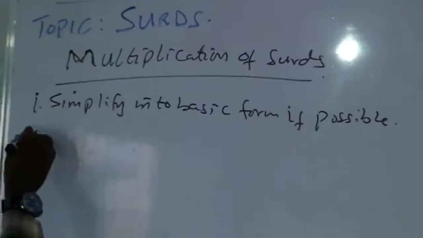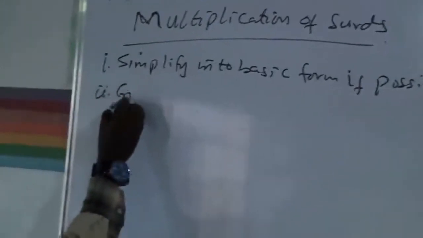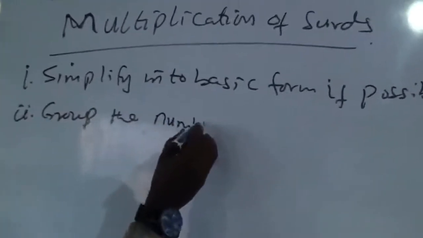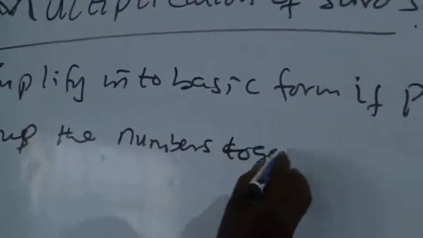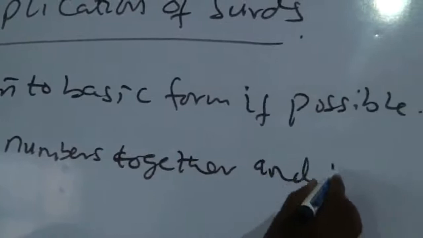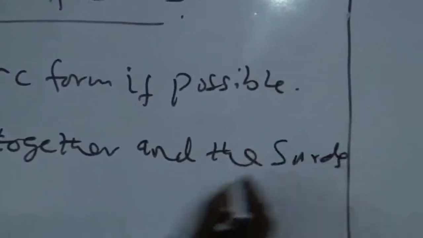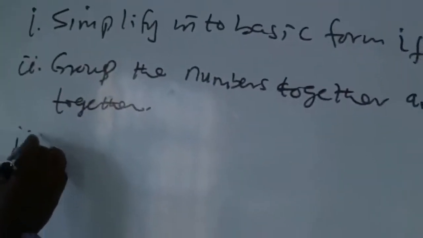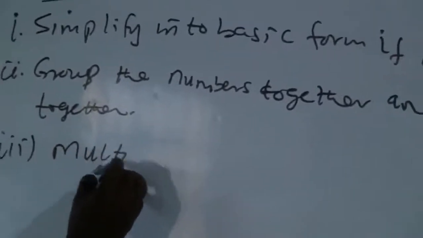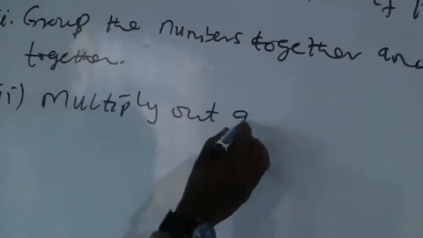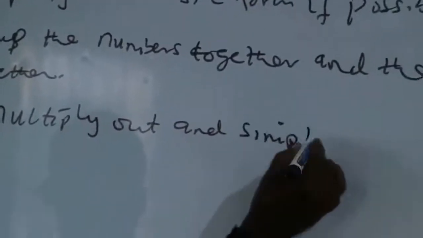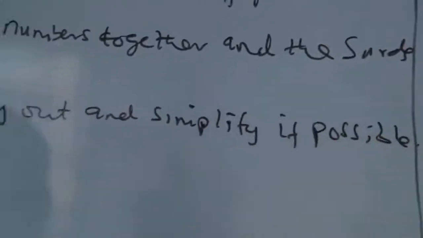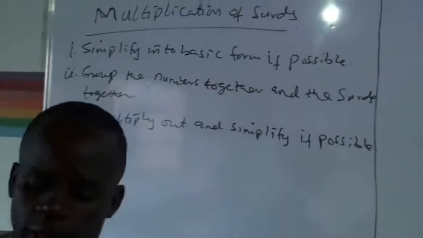Then secondly, we group the numbers together and the surds together, and then when you do that, finally you want to multiply out and simplify if possible or where necessary. So when you are multiplying surds together, the first thing is what?